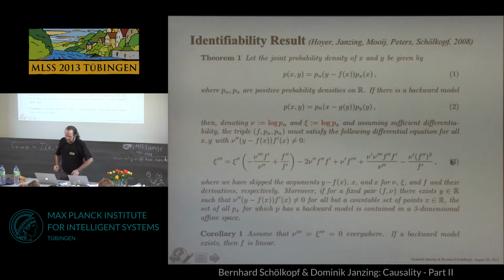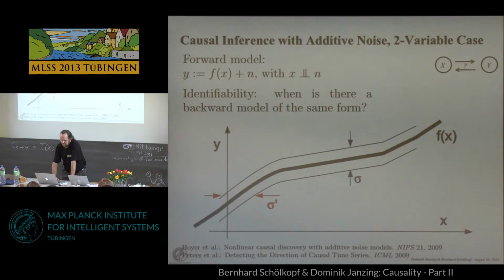So the message is it's very unlikely that a function and these noise distributions are such that this model becomes non-identifiable. In the generic case, this is identifiable, which means we can determine which way around the causal direction goes.